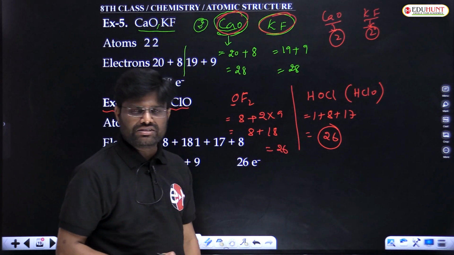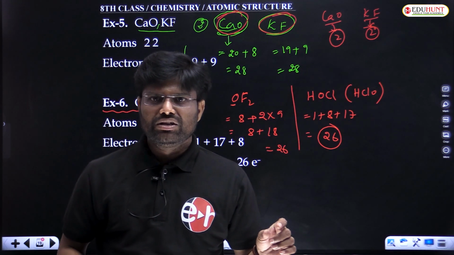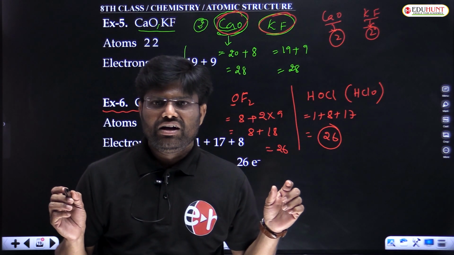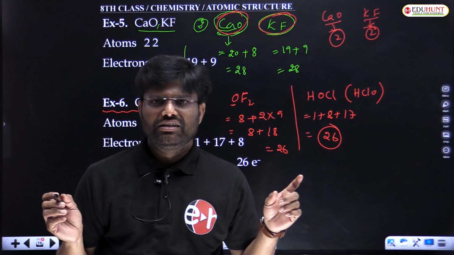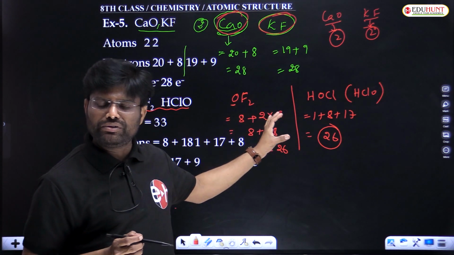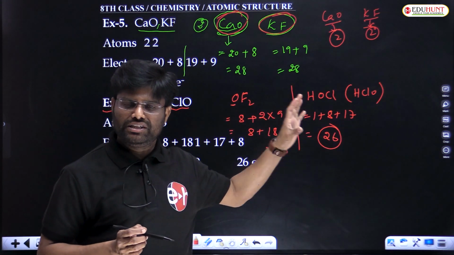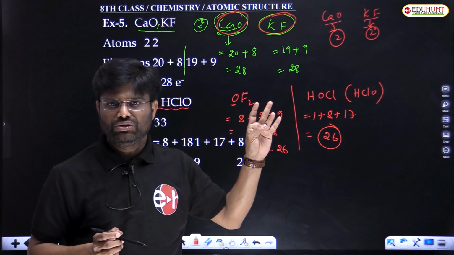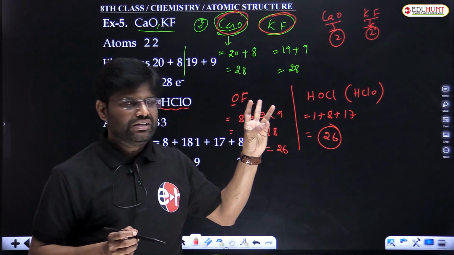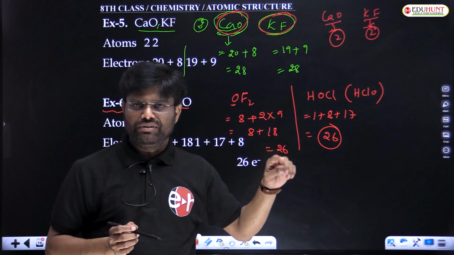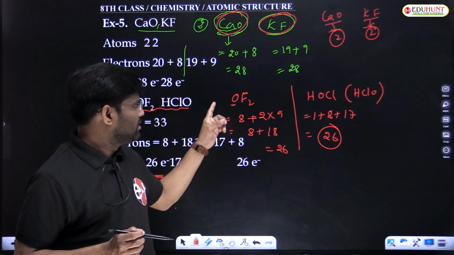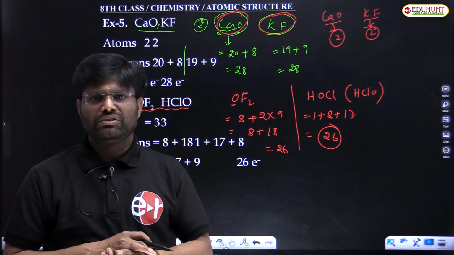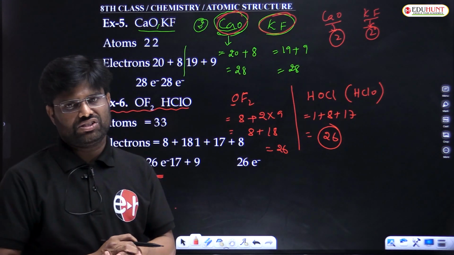So the number of electrons is the same and the number of atoms is also the same. Understanding, children? The three examples are CO2 and N2O, CaO and KF, and OF2 and HOCl. These explain isosters.